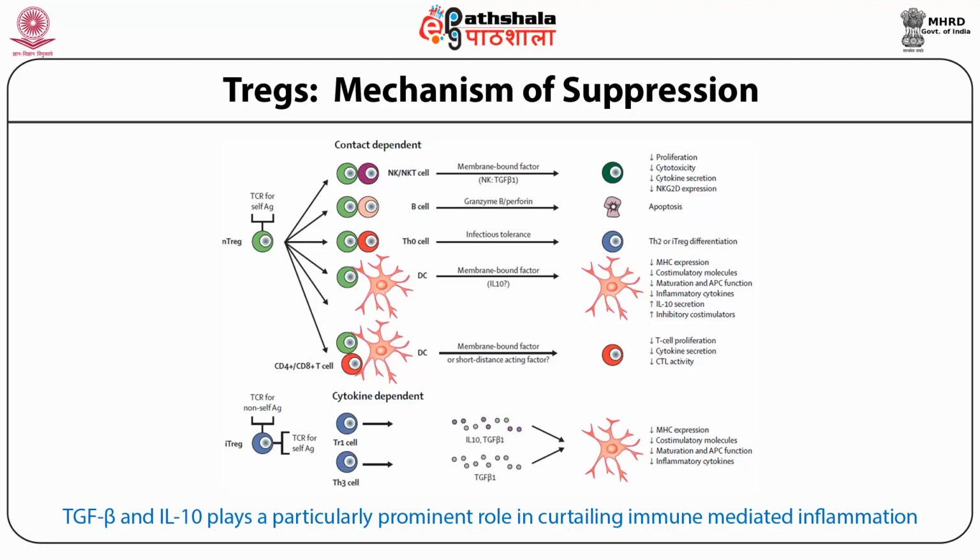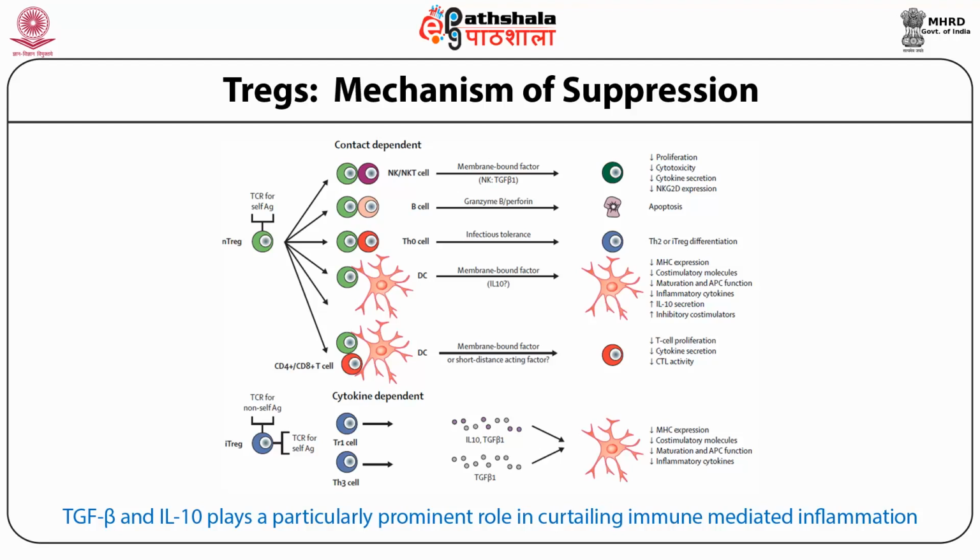They destroy the expression of co-stimulatory molecules. They decrease the maturation of APCs and their functionality. They decrease the production of inflammatory cytokines. So the total immune system is suppressed during the viral infection.